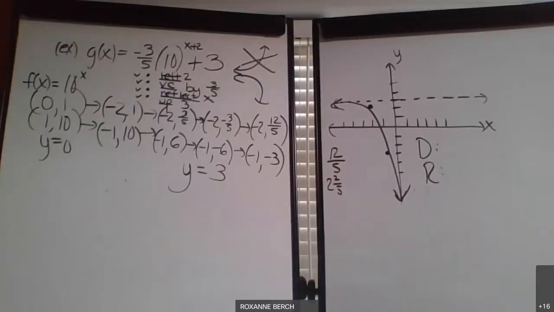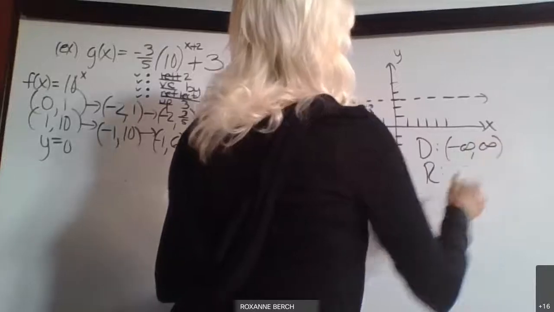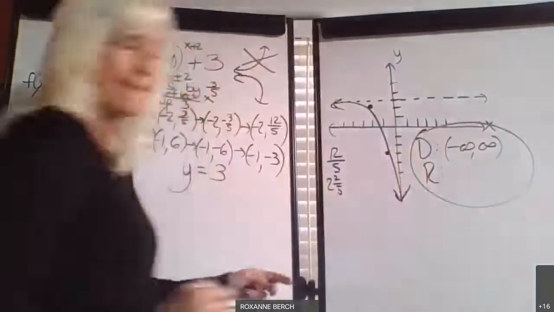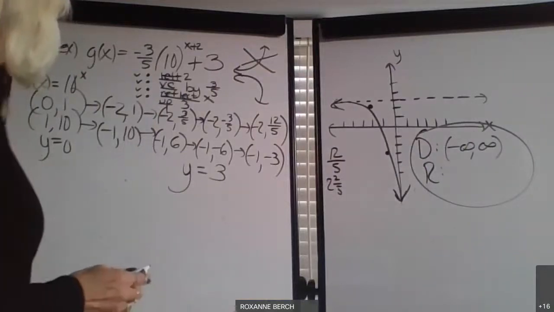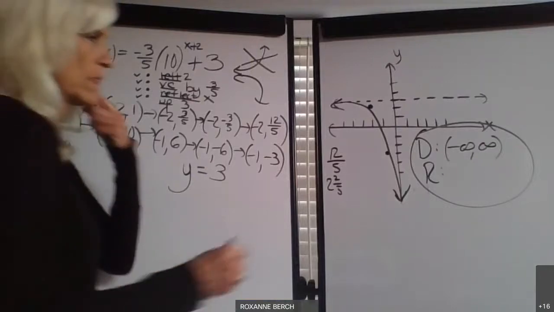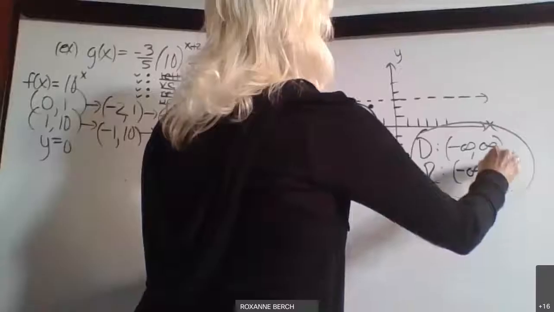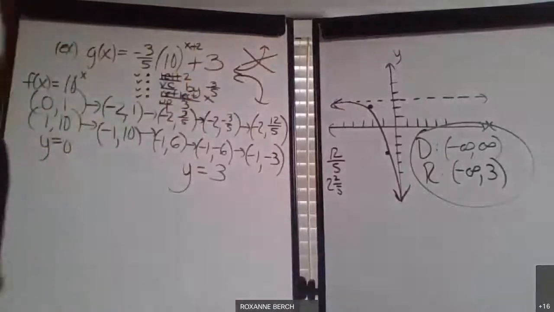Forever left and right. And what's your range? Negative infinity to 3. Open, because you can't hit the asymptote.